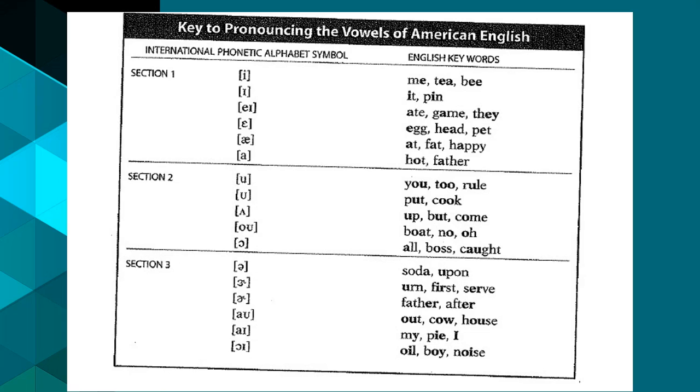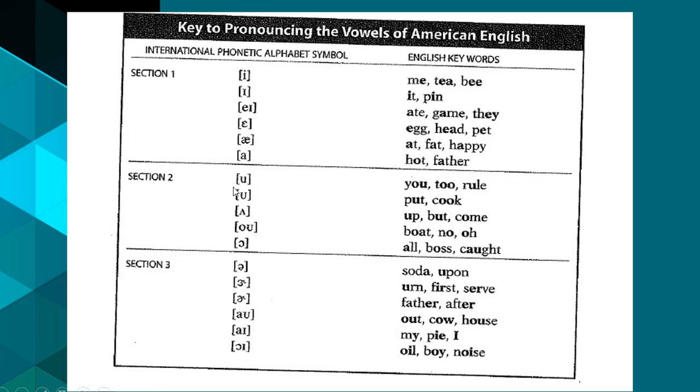Here we have a table: key to pronouncing the vowels of American English. We have the International Phonetic Alphabet symbols here on the left, then on the right we have English keywords. For example: me, it, pin, eight, game, they, egg, head, pet, at, fat, happy, hot, father.